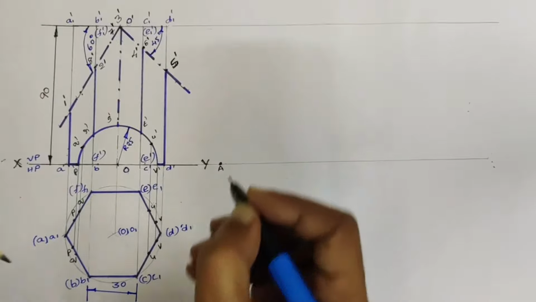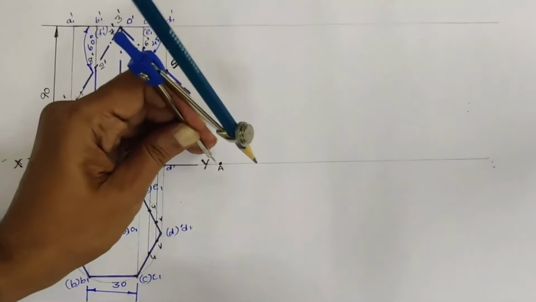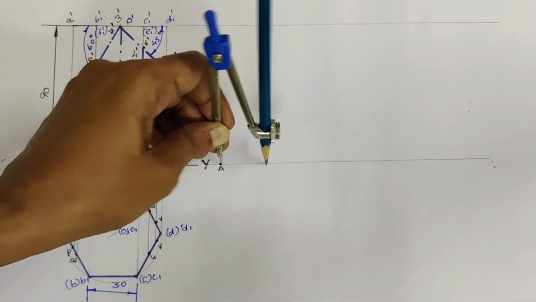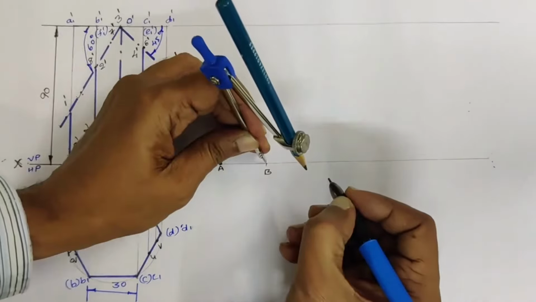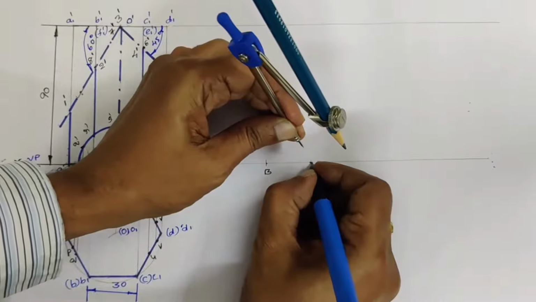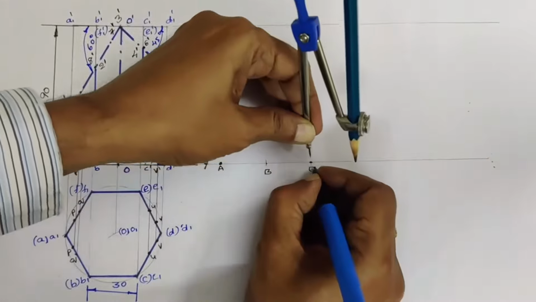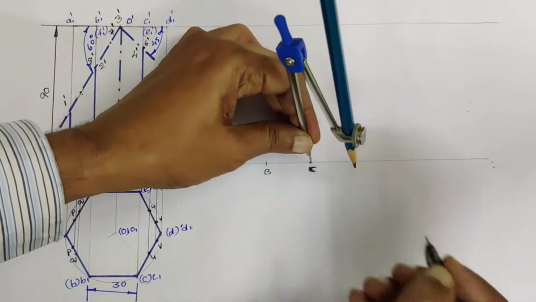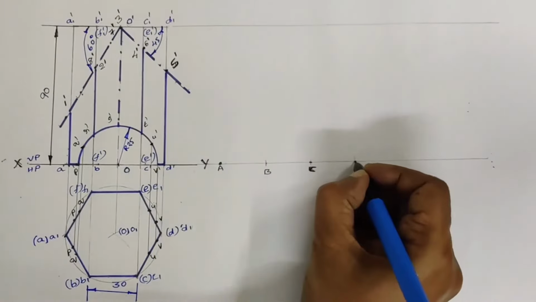Then with A as a center, base side length, say 30 mm, as a radius, draw an arc on the bottom stretch out line. Then name this point as B. With B as a center with the same radius, draw an arc. Then name this point as C. With C as a center with the same radius, draw an arc.